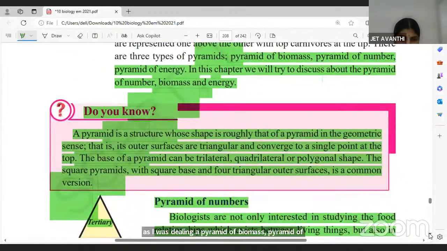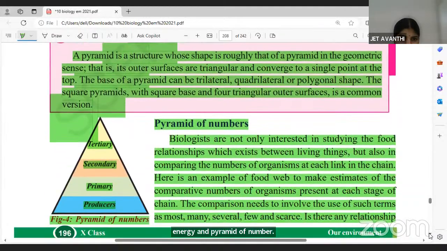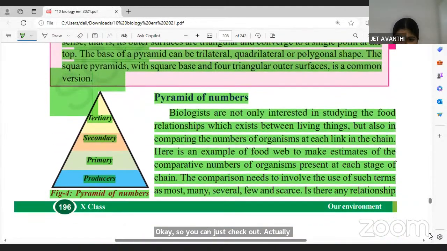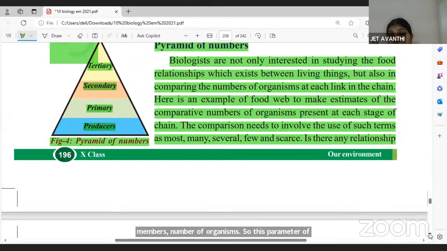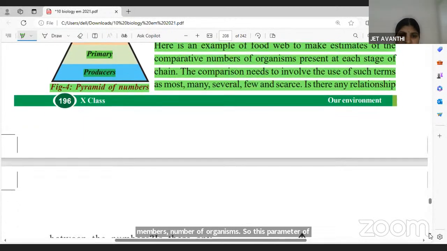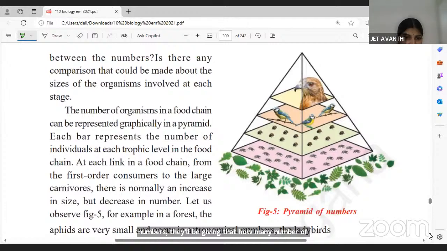You can check out how this was proposed and how we are using them. Pyramid of numbers, number of organisms. This pyramid of numbers gives how many organisms are present in each energy level.